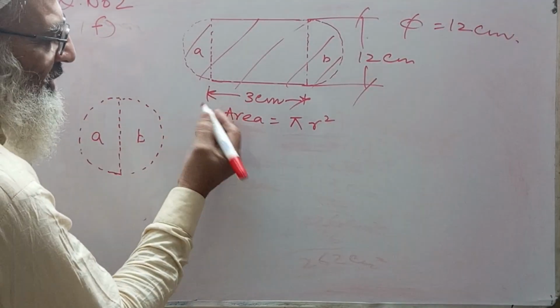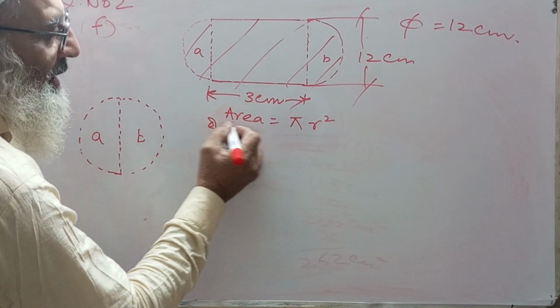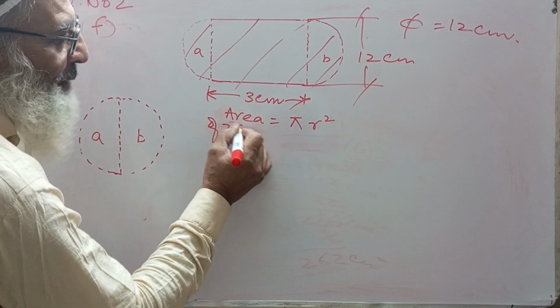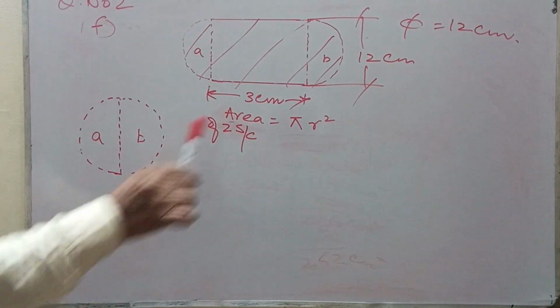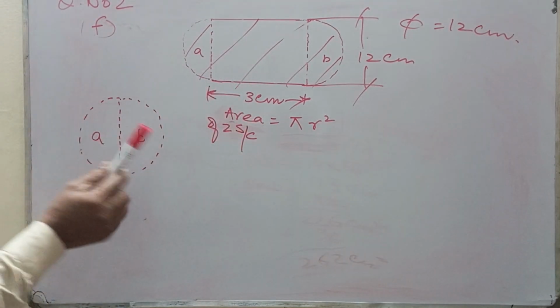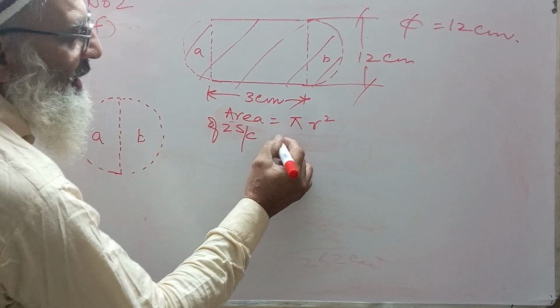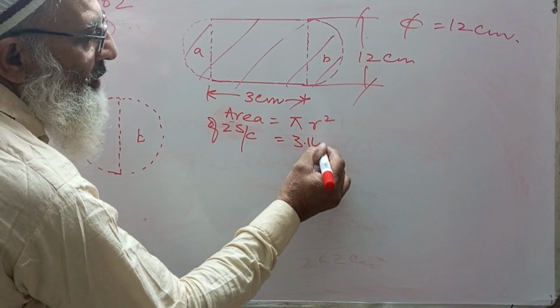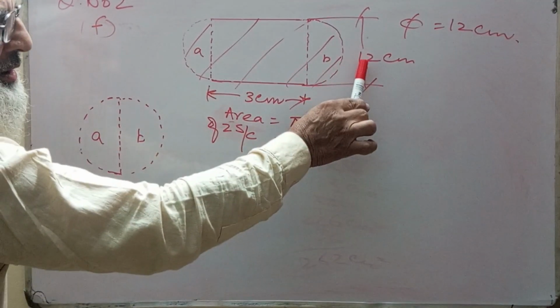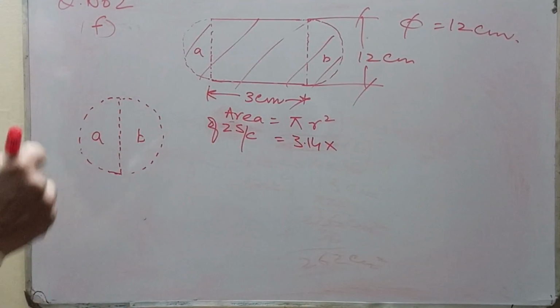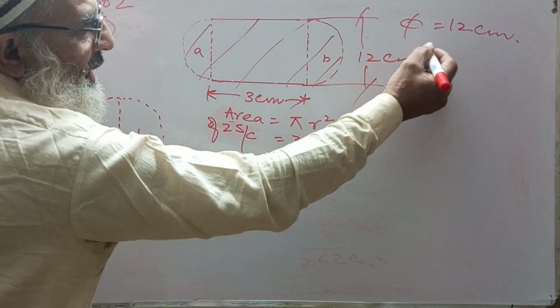The area of two semicircles. Two semicircles are one circle. So it is pi r square, and pi is always 3.14, multiplied by the radius squared. Now this is the diameter, so the diameter will be divided by 2 to get the radius.